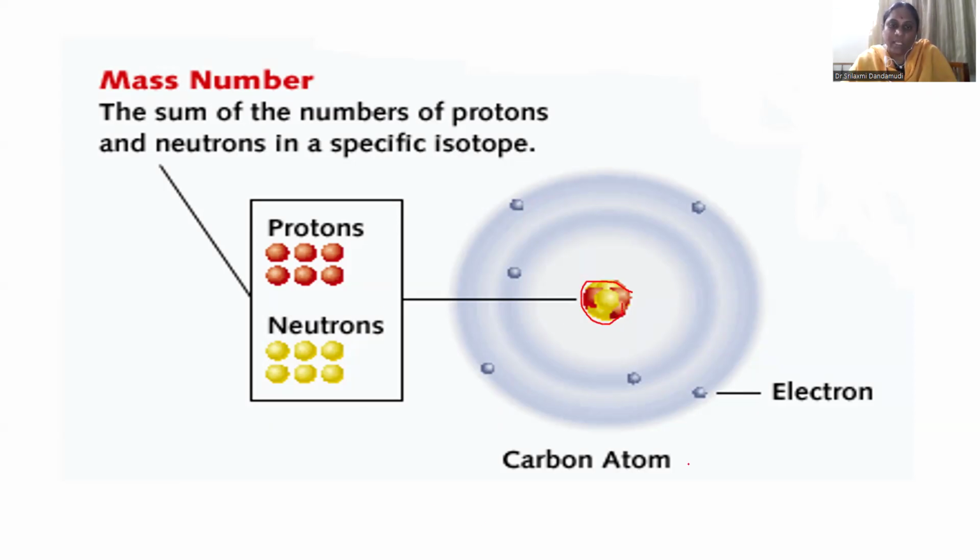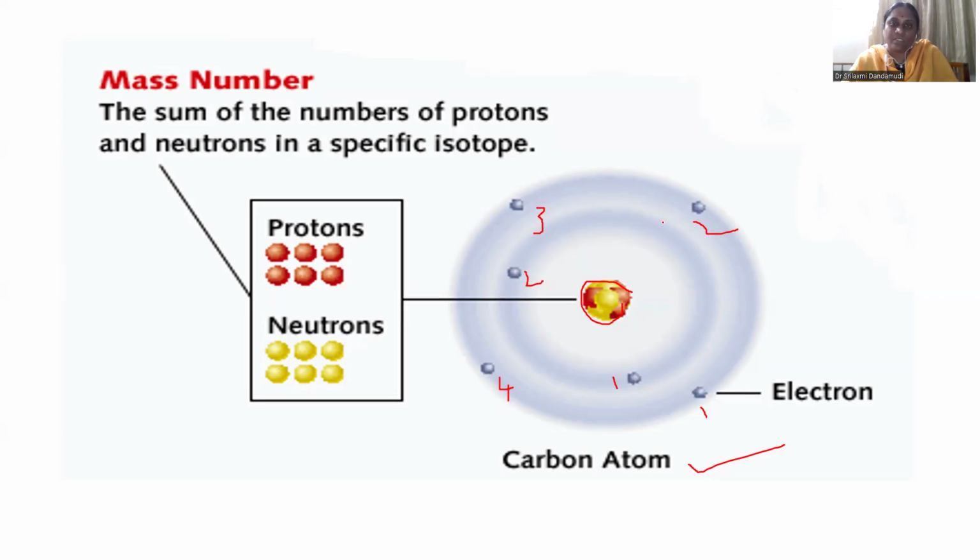So here it is a carbon atom, and we are taking it as an example. This carbon atom contains 2 electrons in the first orbit and 4 electrons in the second orbit. See here, these are the 1, 2, 3, and 4 electrons in the second orbit, and the first orbit contains 2 electrons.